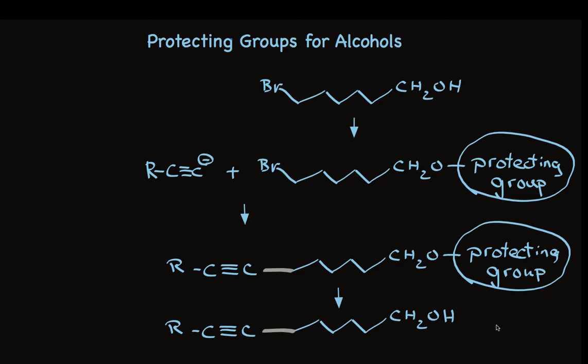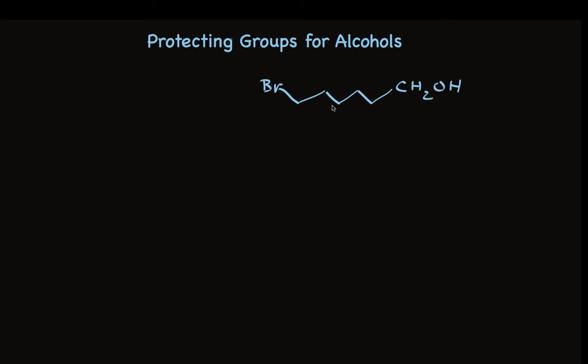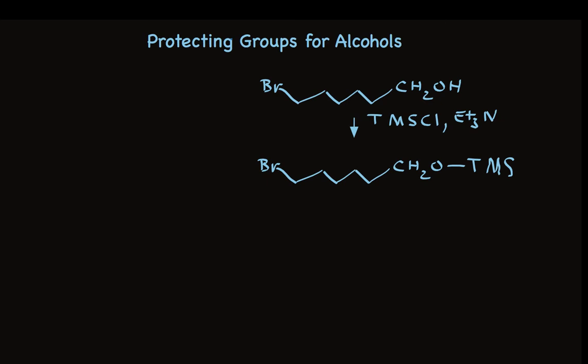Here's a good one. Starting with this bromoalcohol that we wish we could use but can't, we'll put what's called a trimethylsilyl ether attached to that. TMS, trimethylsilyl, is this guy here. Three methyl groups attached to silicon, and the silicon is attached directly to the oxygen.